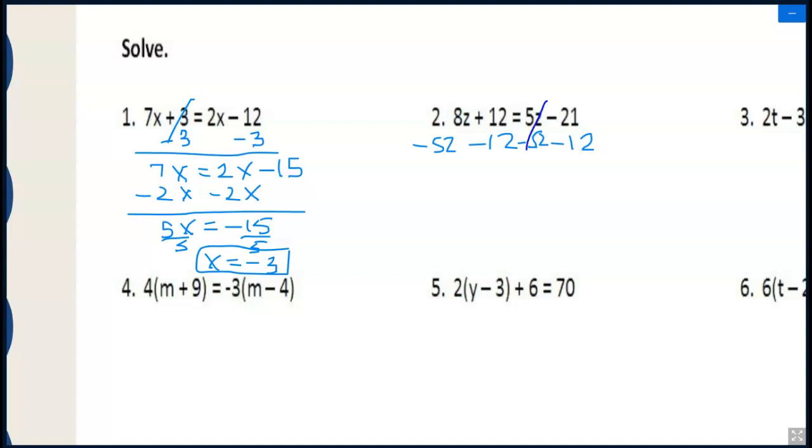So it cancels the 5z on the right, it cancels the 12s on the left. 8 minus 5 is 3z. Negative 21 and negative 12 gives negative 33. Divide both sides by 3. And I get z equals negative 11.